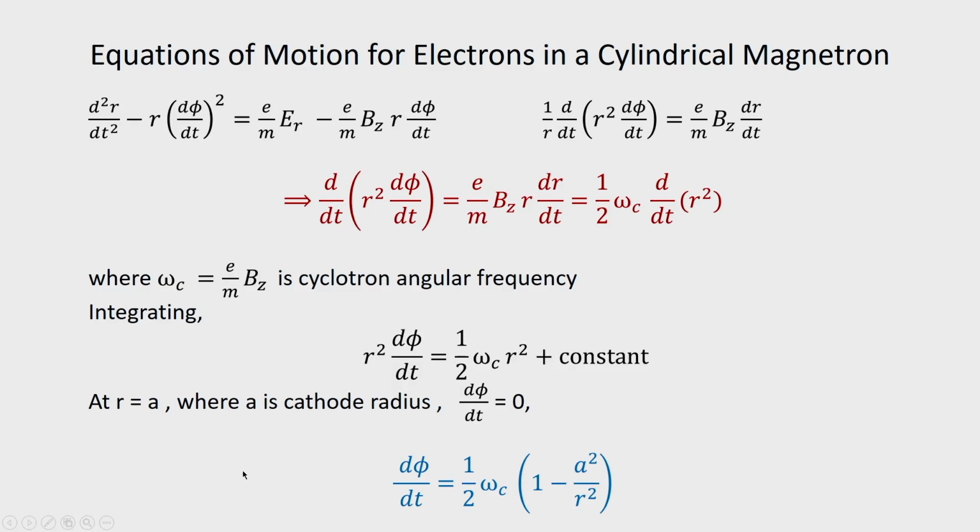The phi component of the velocity is 0, and therefore, if we put d phi/dt equal to 0, the constant evaluates as minus half omega_c a squared. So, when this constant is substituted and then we divide by r squared, we get d phi/dt is equal to half omega_c (1 minus a squared by r squared).